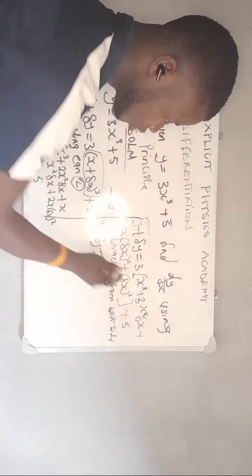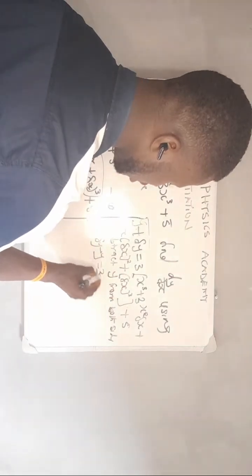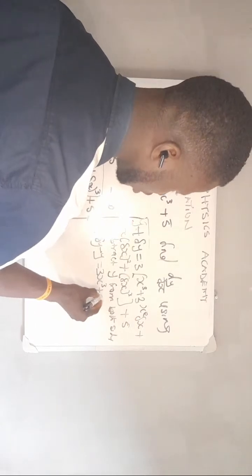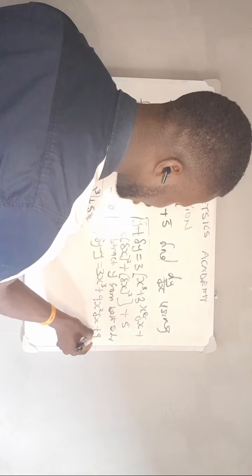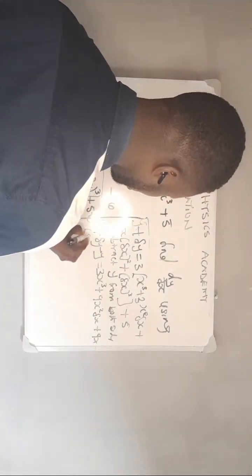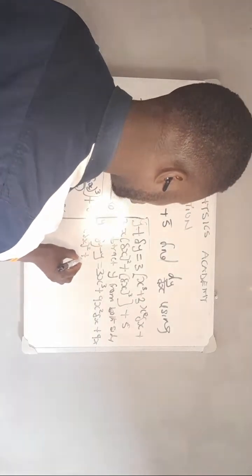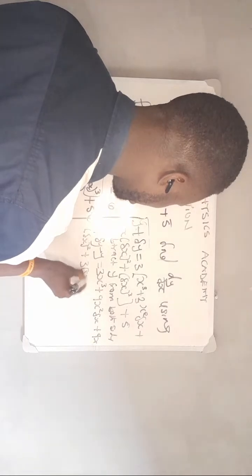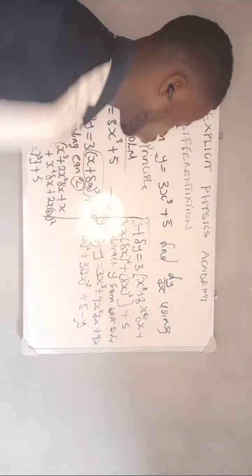Y plus del y minus y will be equal to, multiplying this inside the box, 3x cubed plus 9x squared del x plus 9x del x squared plus 3 del x cubed plus 5 minus y.